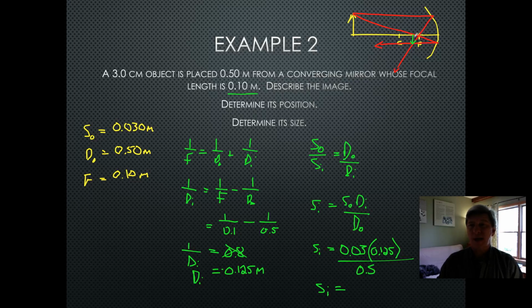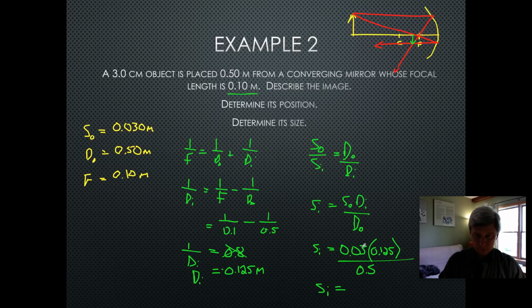And so that gives me the size of the image. And remember, the size of the image based on our diagram should be smaller than the size of the object. And so in this case, 0.03 times 0.125 divided by 0.5 gives me 0.0075, or 3/4 of a centimeter.